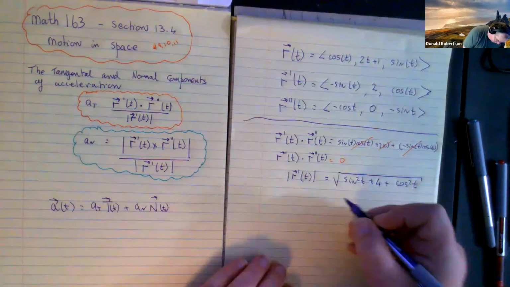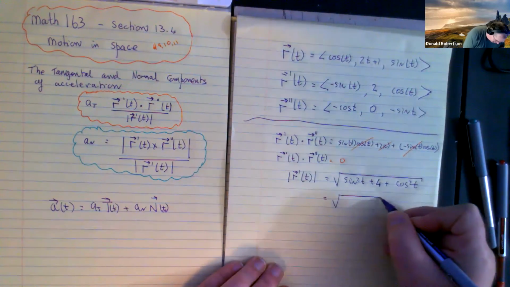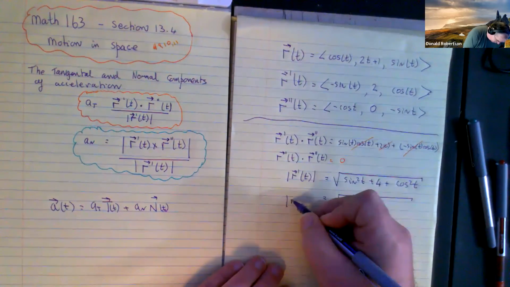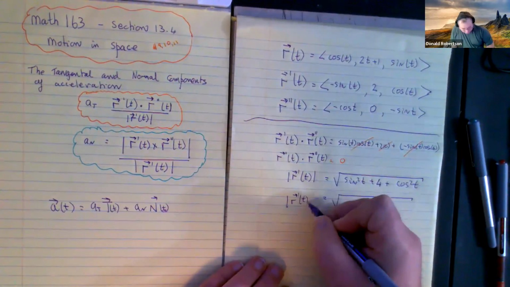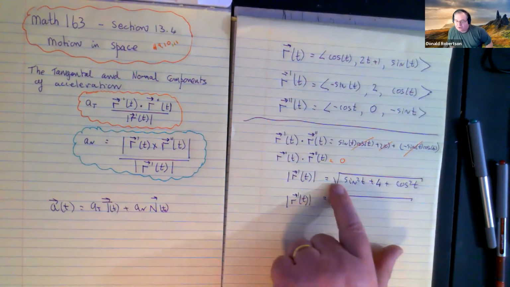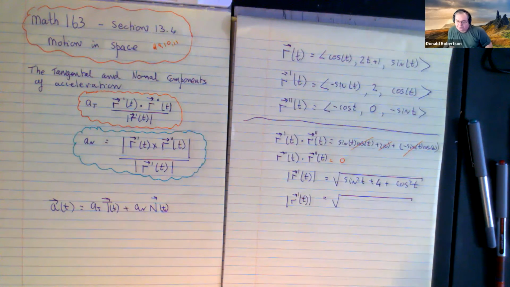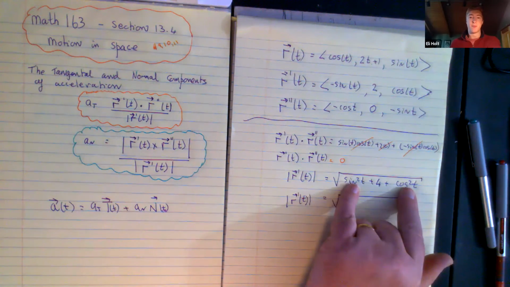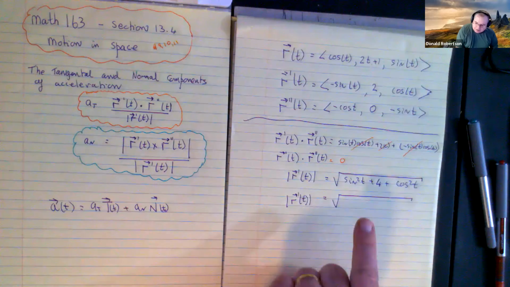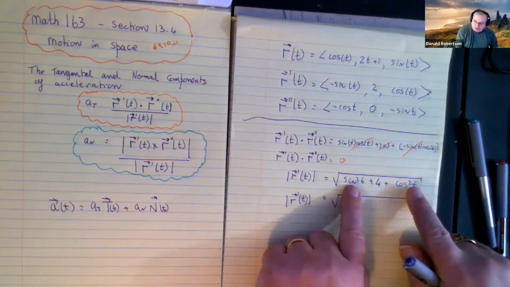And hopefully we've seen this happen enough times to realize that this simplifies, because you don't always get lucky. What does this become? 4 and 1 more, 5.